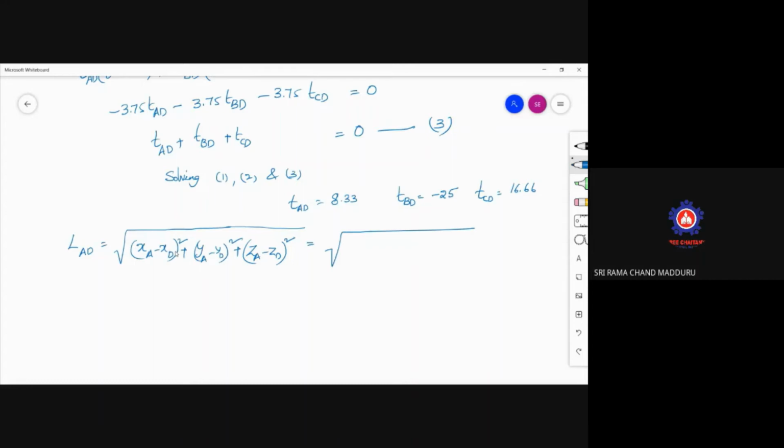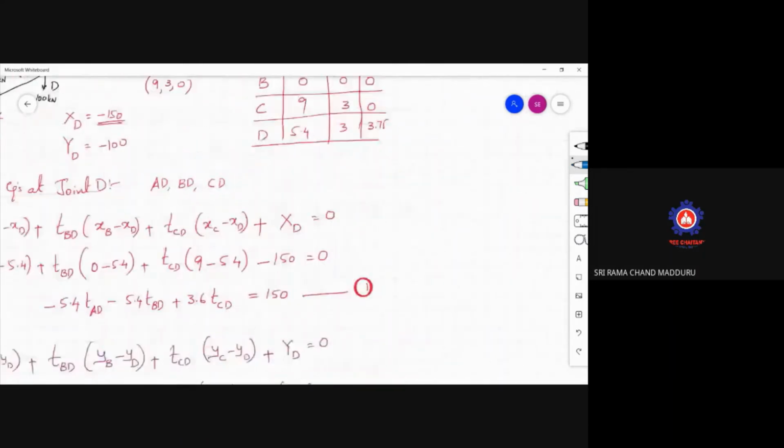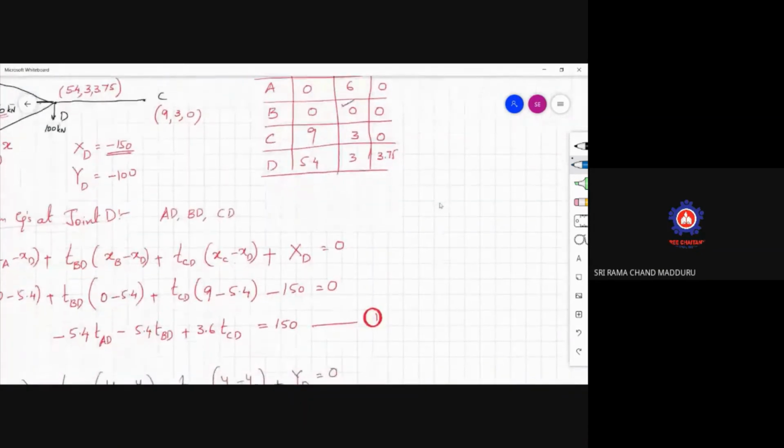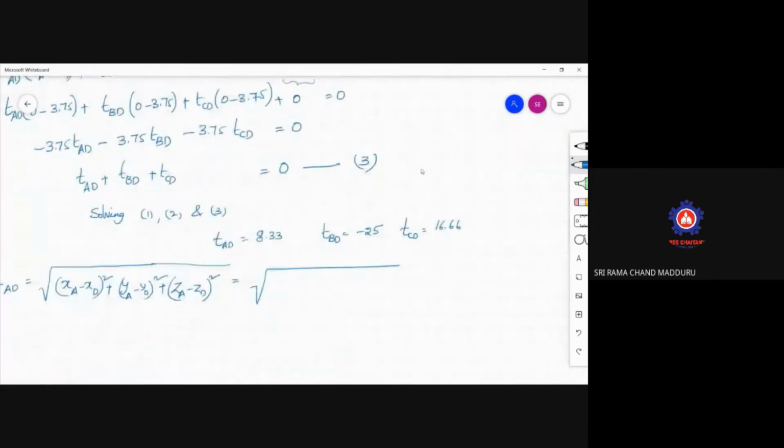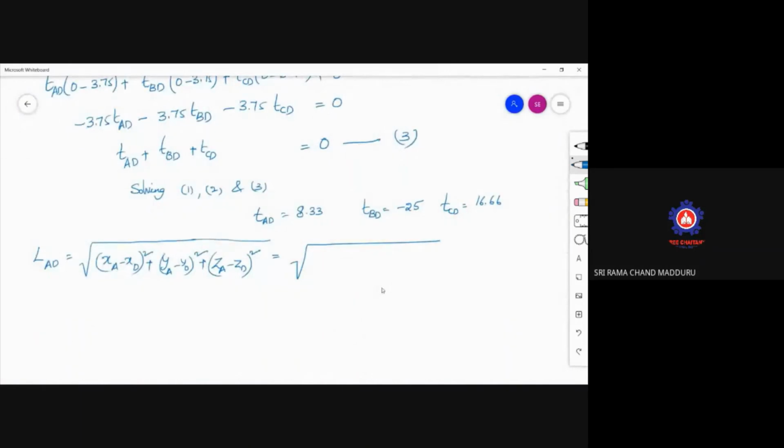XA is 0, so (0 minus 5.4) whole square plus (6 minus 3) whole square plus (0 minus 3.75) whole square. This will give you the length of the member.